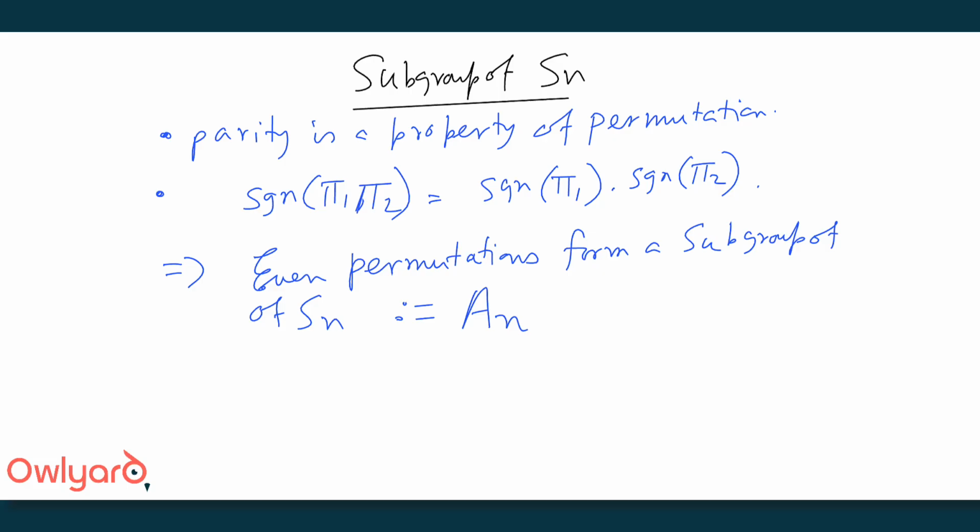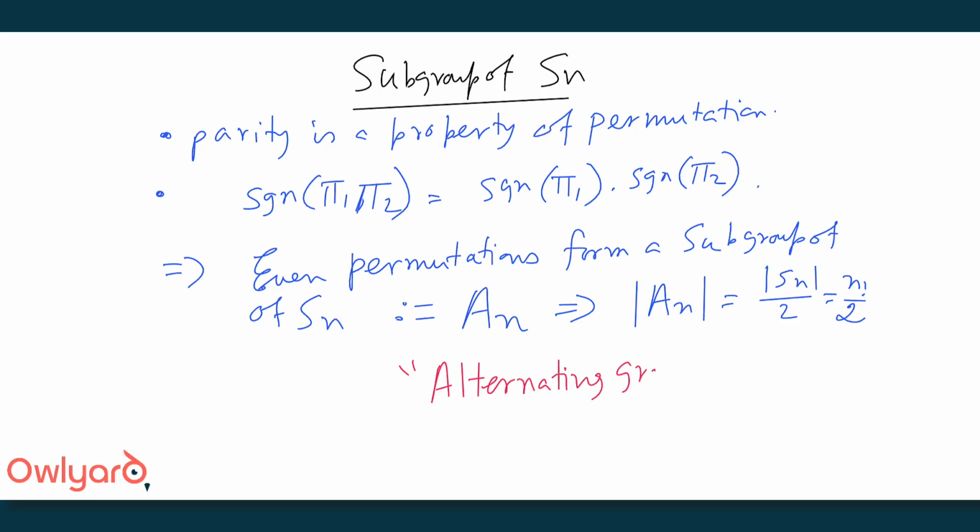Since there are exactly as many even permutations as odd permutations in Sn, it also implies that the order of this subgroup An is the order of Sn divided by 2, which means n factorial divided by 2. So this group is called the alternating group.